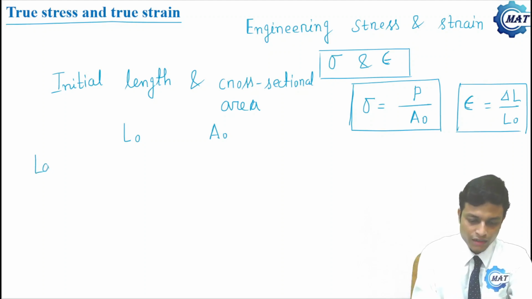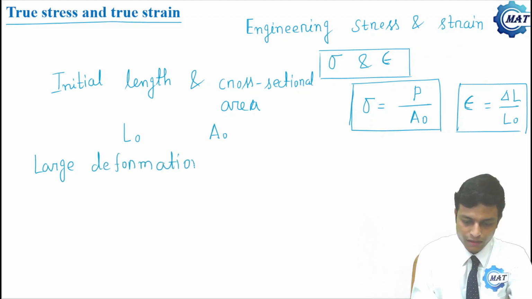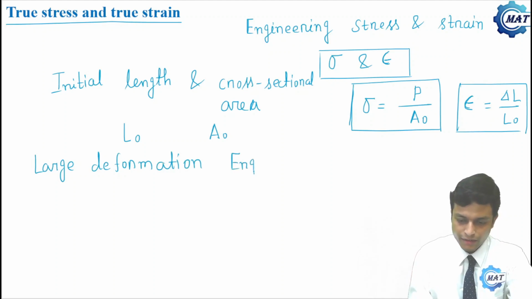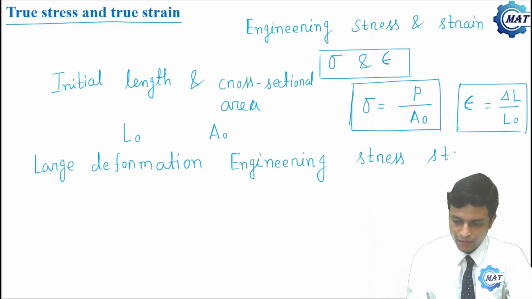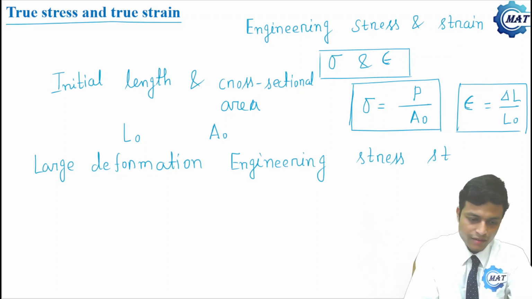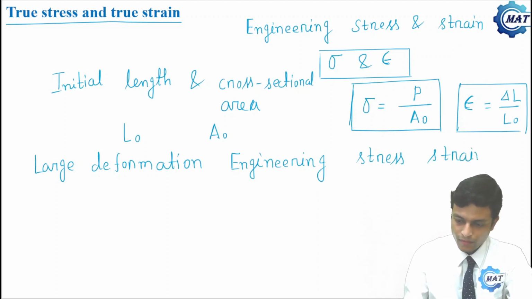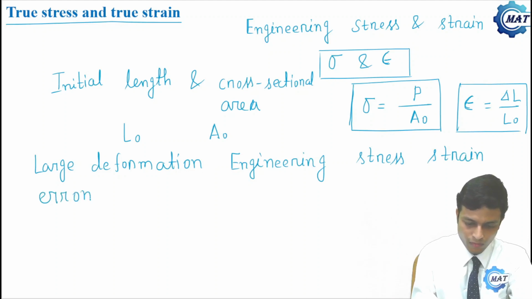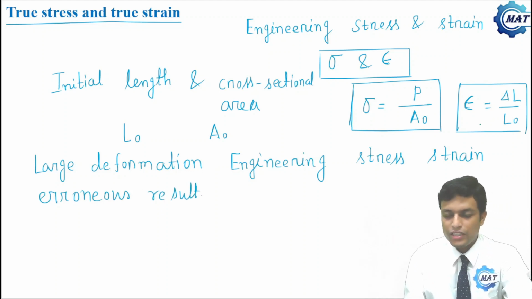So for large deformation, engineering stress and strain give erroneous results, as we calculate them from the initial length and initial cross-sectional area, but at a particular instant the area and length are not equal to the initial values.